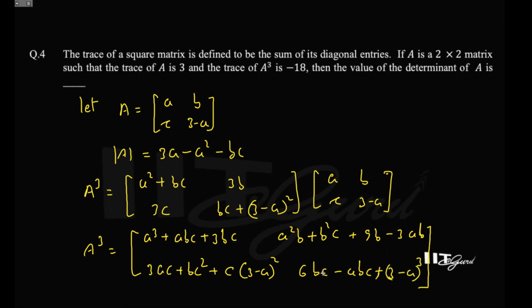Okay, so as you know, that is the trace of A. So trace of A whole cube is the sum of these two terms on the leading diagonal. So the leading diagonal is a cube, this abc related with this abc, and 3bc, and then after, (3 minus a) whole cube.